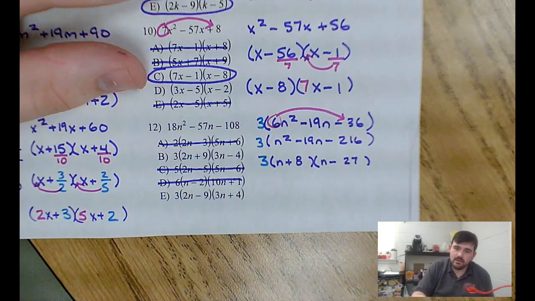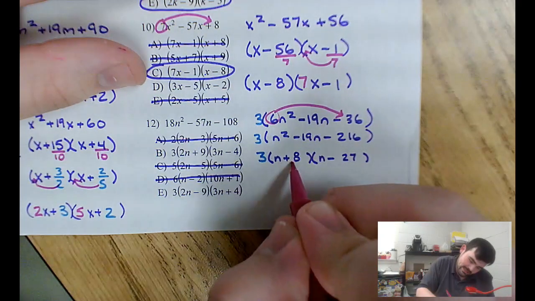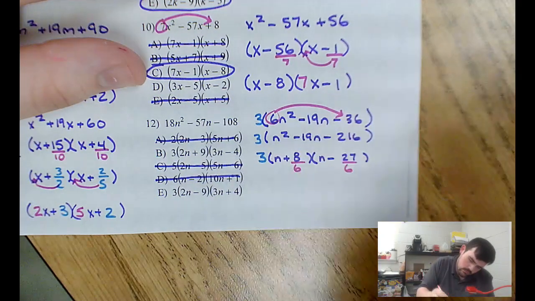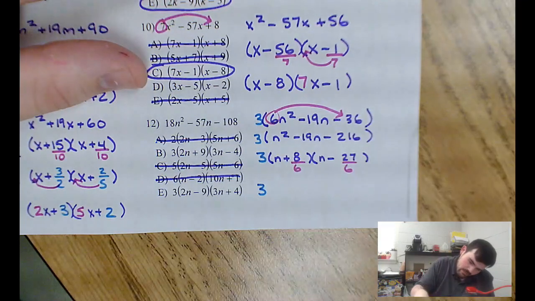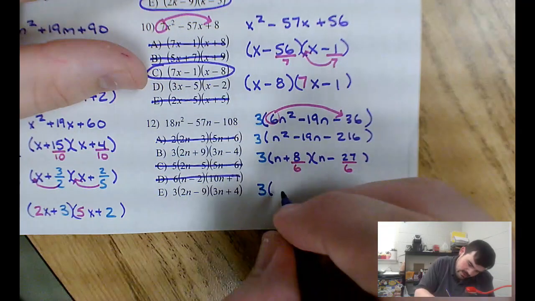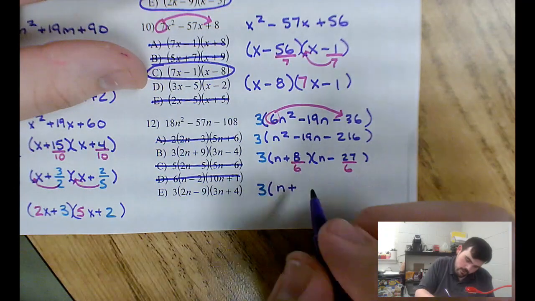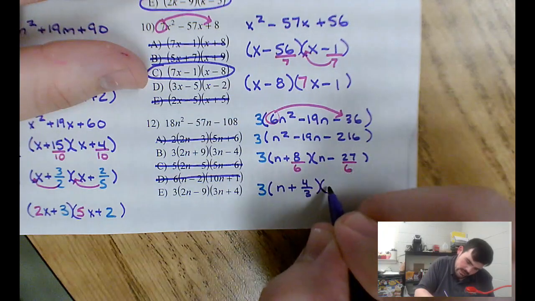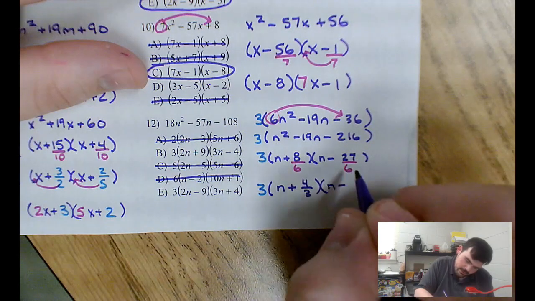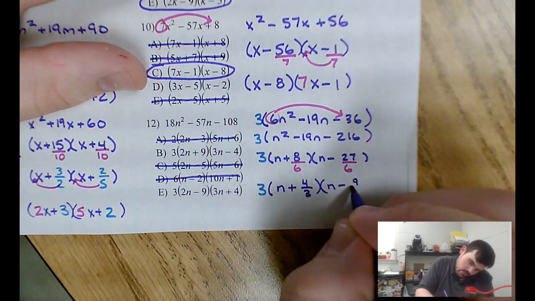Okay, now divide each of these 8 and 27 by 6. And at this point, we've got to reduce our fractions. 8 over 6 reduces to, let's see, 4 over 3. And 27 over 6, see, those are both divisible by 3, which reduces down to 9 over 2.